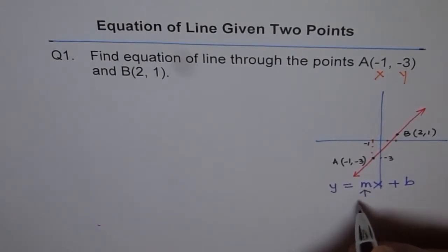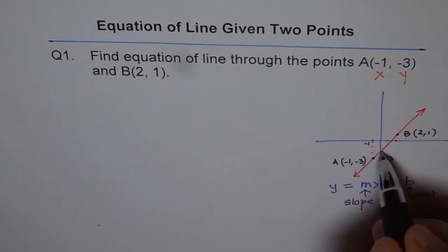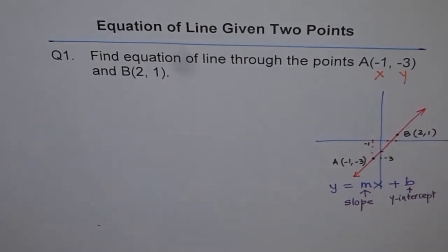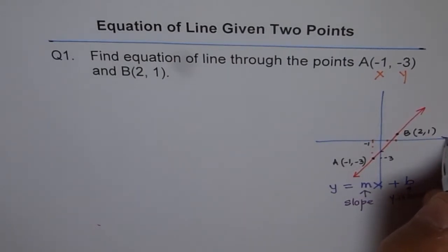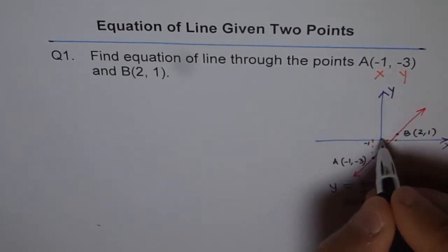M is the slope of the line, and b is the y-intercept. Y-intercept means the point where the line crosses the y-axis. In a coordinate plane, this is the x-axis and that is the y-axis.